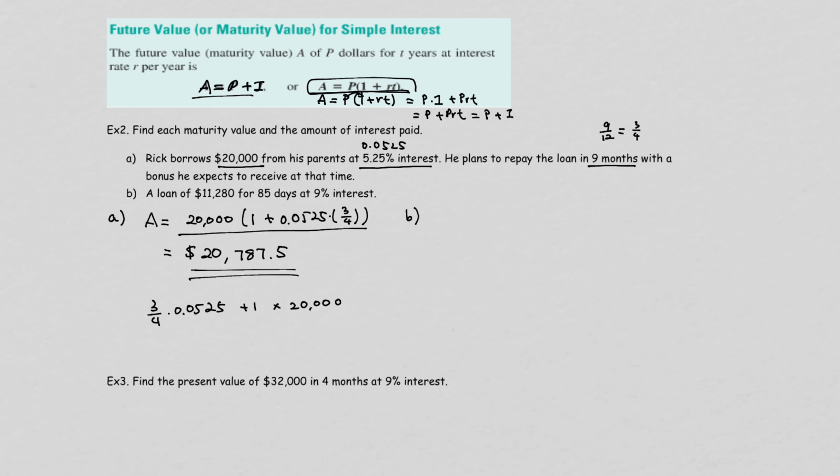Let's look at the second one. This time borrowing $11,280 for 85 days at 9% interest.